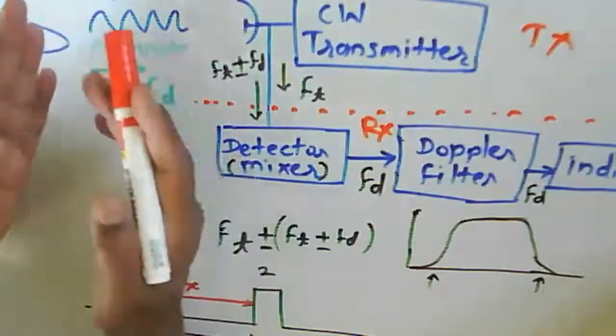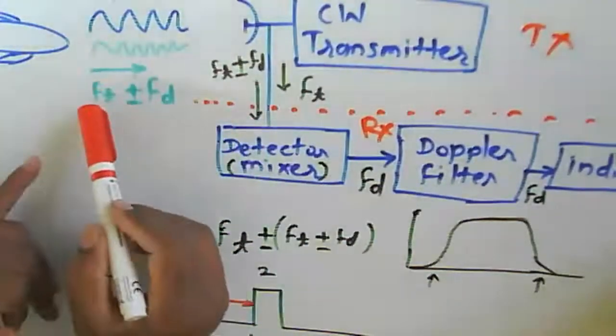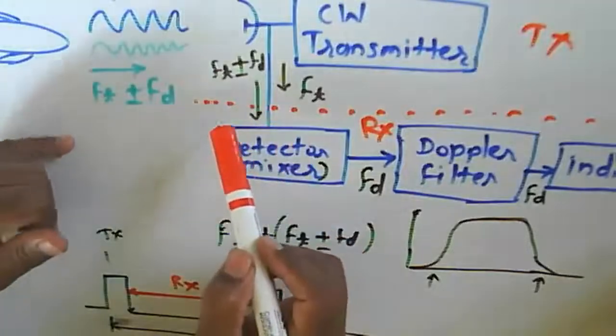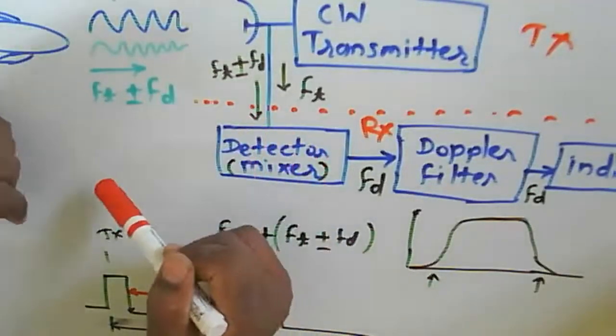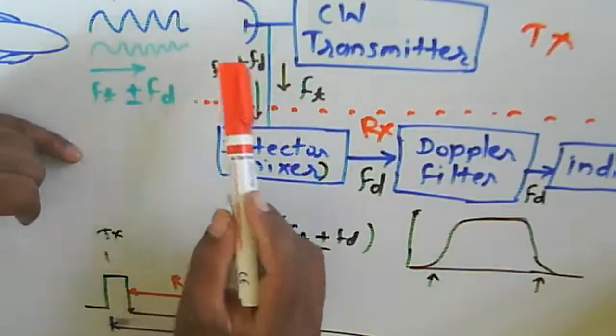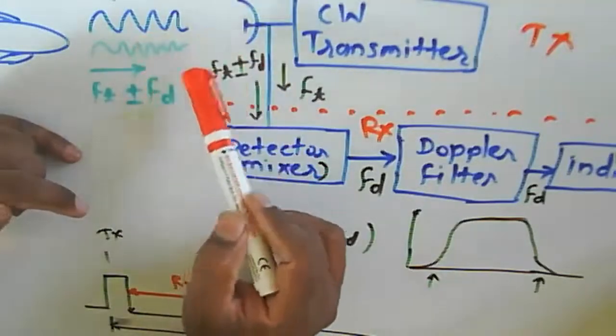Clutter means an object, any object that is nearby to the transmitter, so that will be received at this receiver. That's why we can say transmitter clutter has the same frequency, because it is a nearby signal.